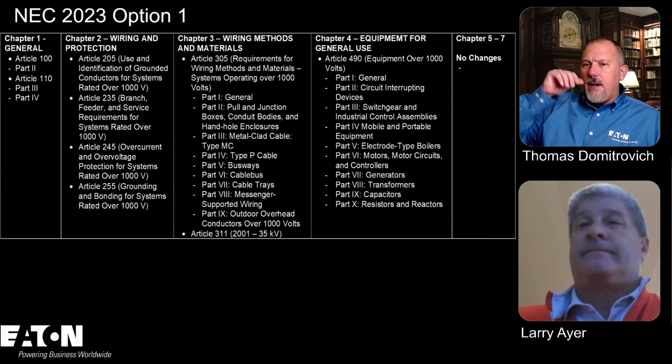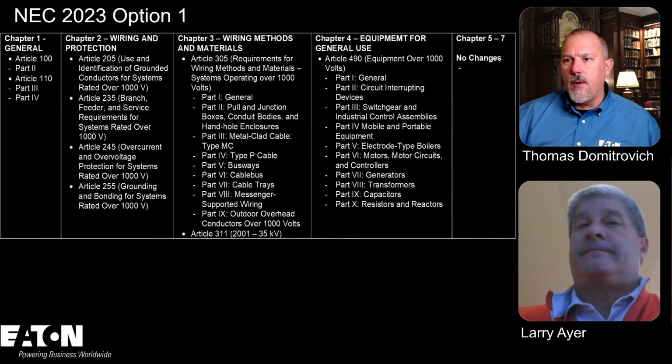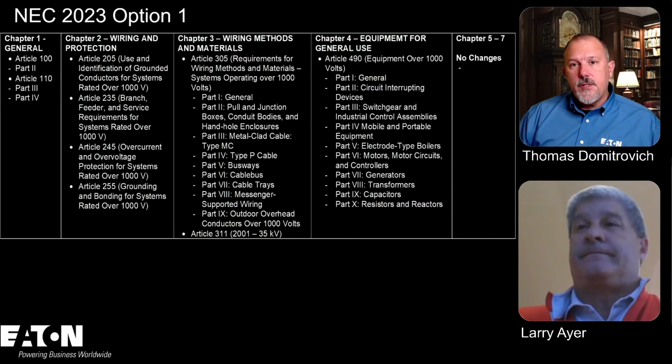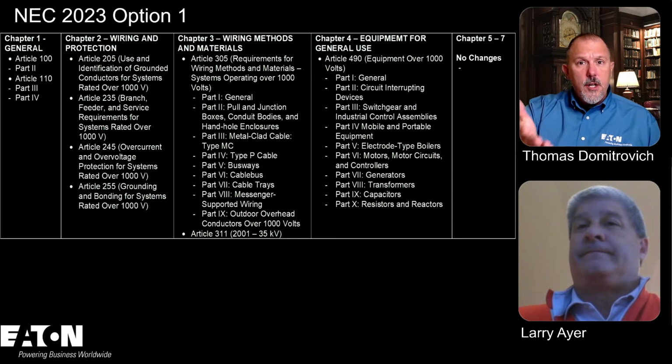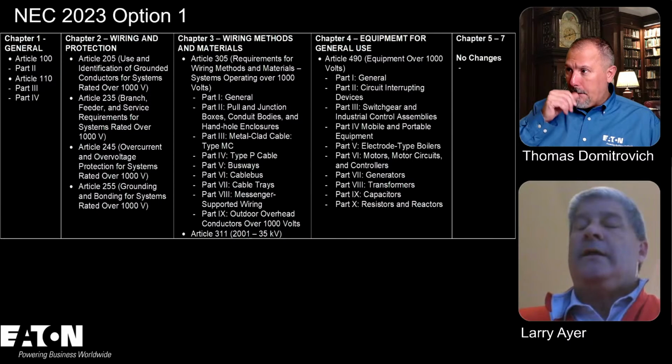Now I know that as they went through the code requirements around medium voltage, they found some technical inaccuracies or some things that were missing. To your point about the depth and whatnot, it's my understanding that this task group's approach this cycle was to simply get a reorganization for clarity. Is that right? Well, that's correct.